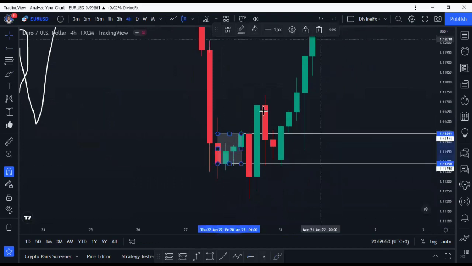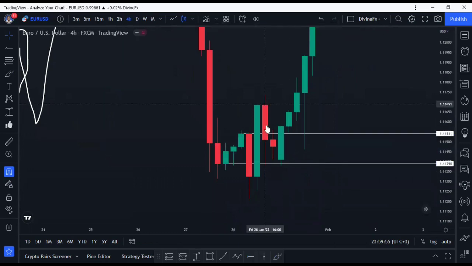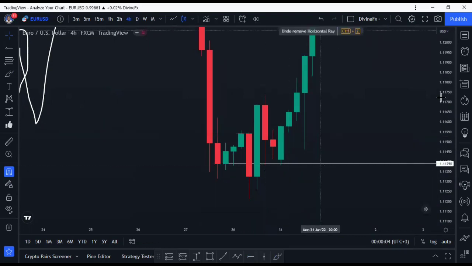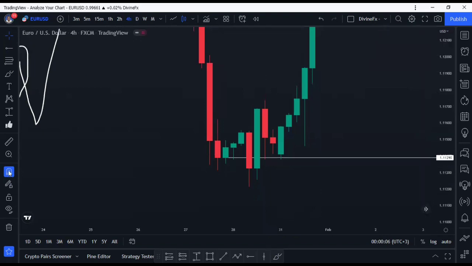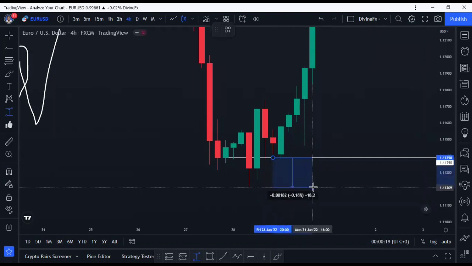Then after breaking this, the red candle came back and just tested our invalidation point and then moved to the upside. So if we are about to take this trade, our entry was supposed to be at this invalidation point, and we may have a few pips for stop loss.